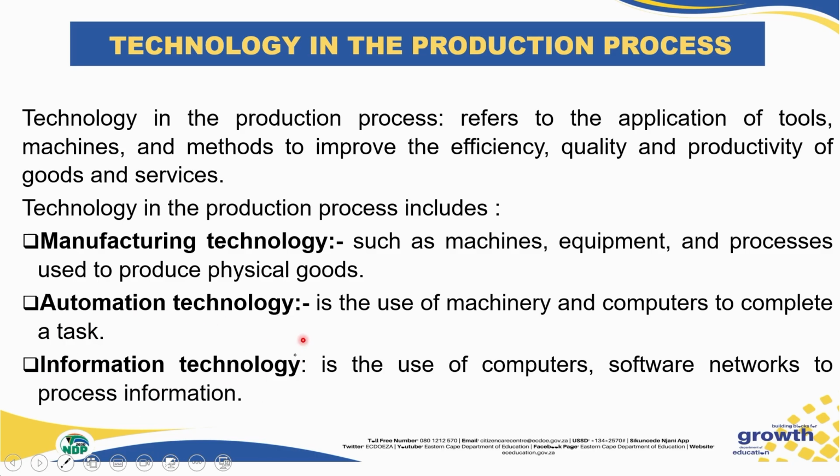We come to the third one, information technology. It is the use of computers, again, and software networks to do what? To process the information that you can use. So that is what is called the technology in the production process, not replacing what? The physical labor of a man.